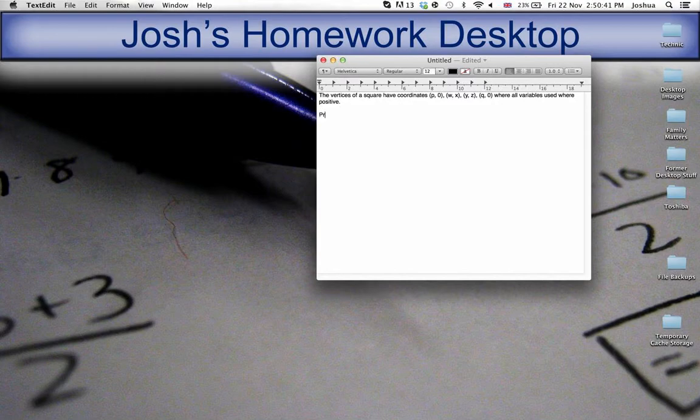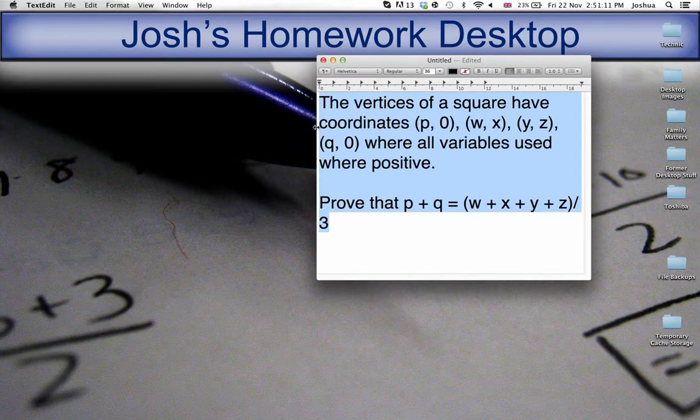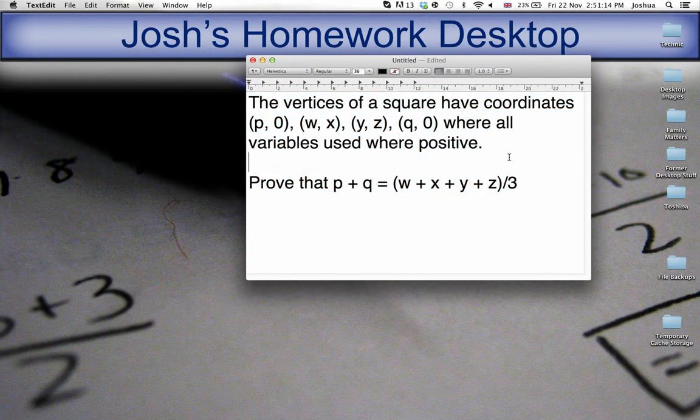We need to prove that p plus q is equal to w plus x plus y plus z divided by 3. Divided by 3. Guys, you got that? This is the fourth question that I was offered to answer. Prove that p plus q is equal to w plus, yeah, all this.